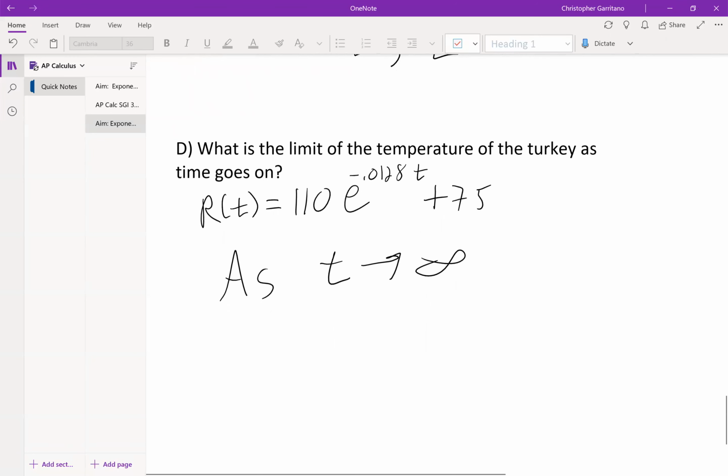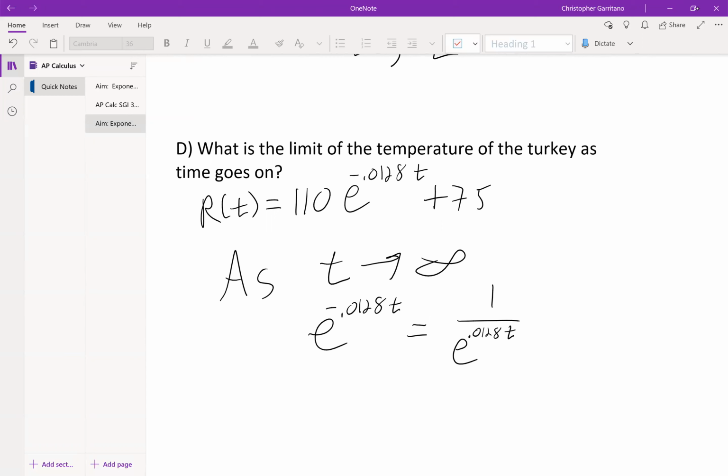the expression e to the negative 0.0128 t, well, that expression can also be written as 1 over e to the 0.0128 t, right? Because of the negative exponent, I can just rewrite this as 1 over whatever the expression is.